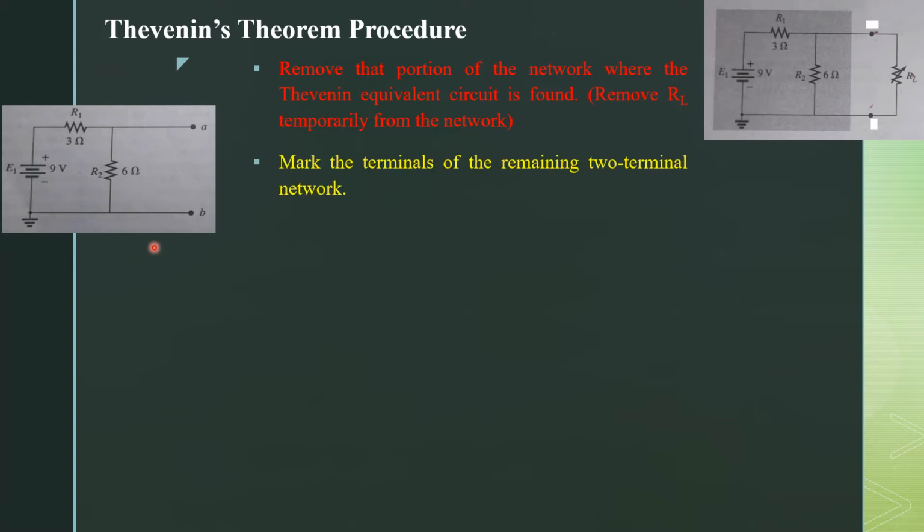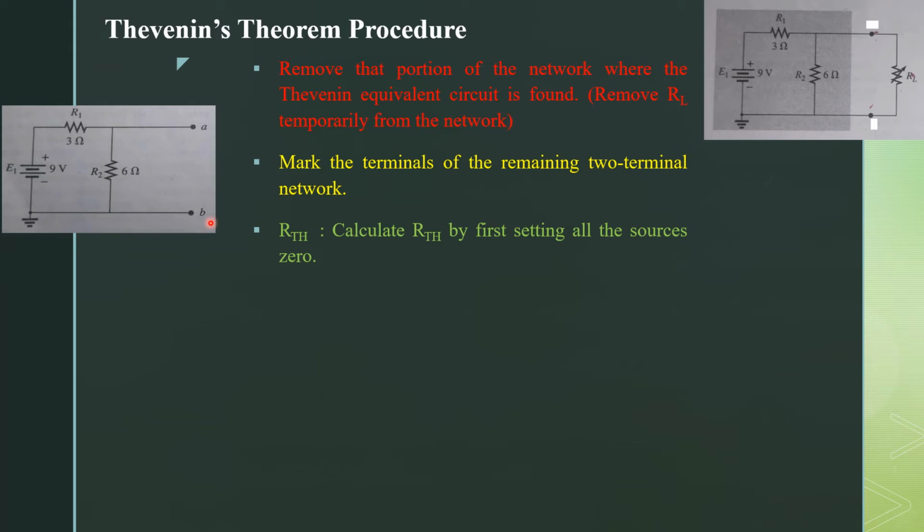In the second step, mark the terminals of the remaining two points. So we mark A and B where RL exists. Now we have to find the R Thevenin resistance. In order to find the R Thevenin, set all the sources equal to 0.